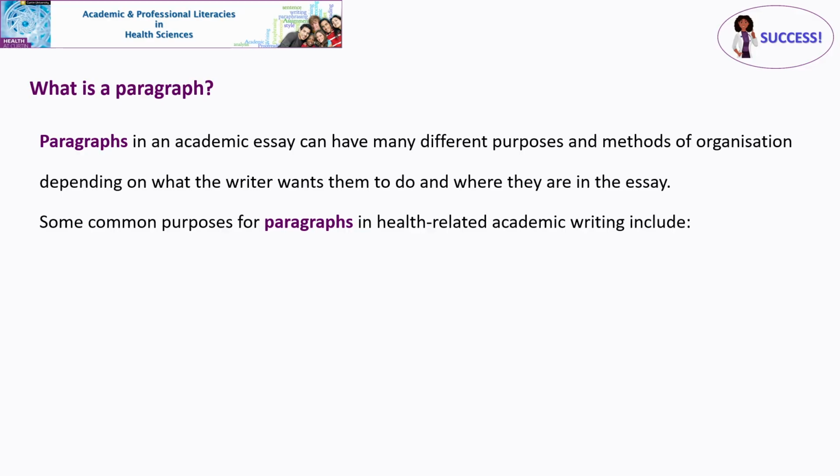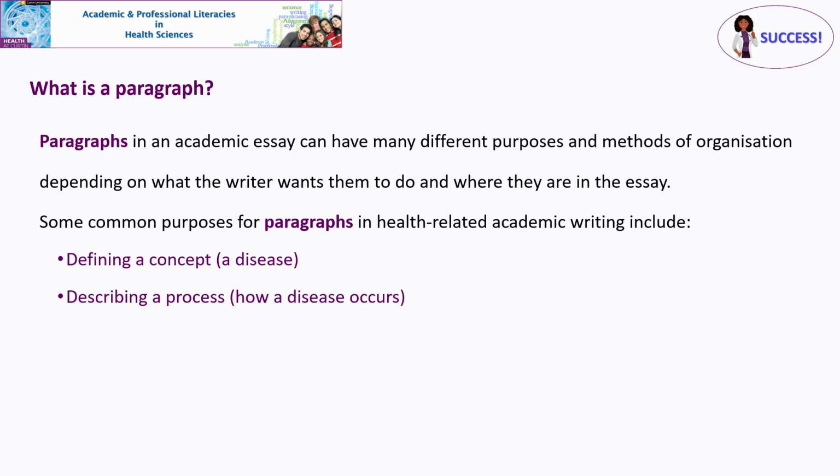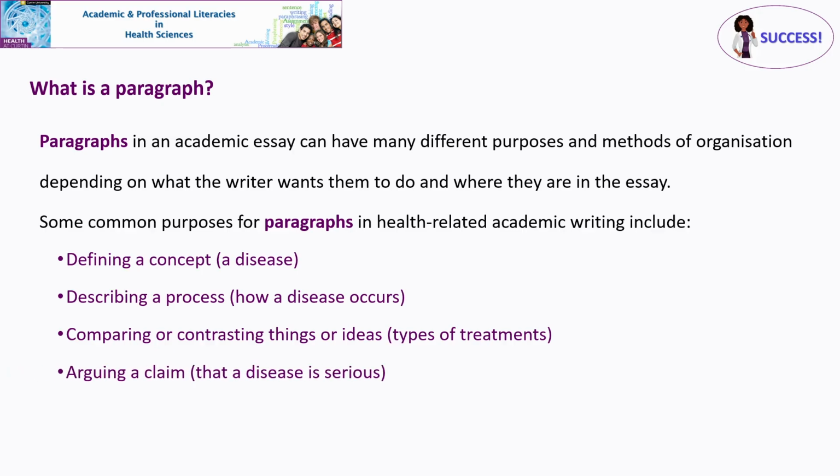In health science writing and health-related academic writing, this can include defining a concept, perhaps a disease, describing a process, such as how the disease occurs, comparing or contrasting things or ideas, types of treatments, or arguing a claim that a disease is particularly serious for one group of people, perhaps.